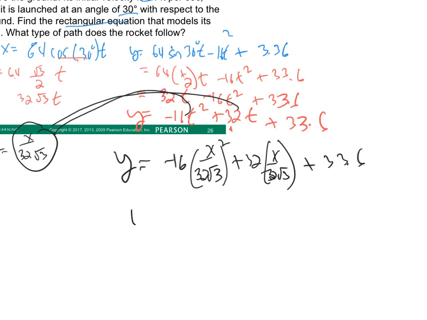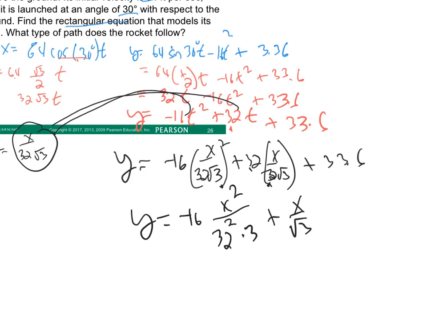Clean that up. y equals negative 16 x squared over, I don't know what 32 squared is, I'm just going to put 32 squared times 3, plus, now this one, this was a 32 divided by a 32. That cancels out, leaving x over the square root of 3 plus 33.6.